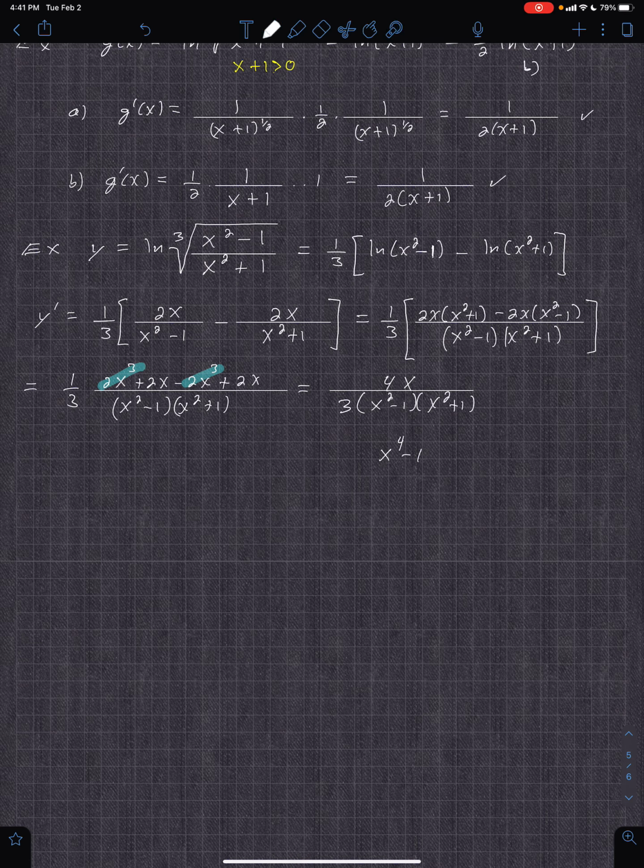Because remember, we are concerned when x is equal to 0, that's a critical value. And then x equal to plus or minus 1 are more critical values where denominator is 0. So factoring and combining the rational expression is important when you're doing this kind of stuff.